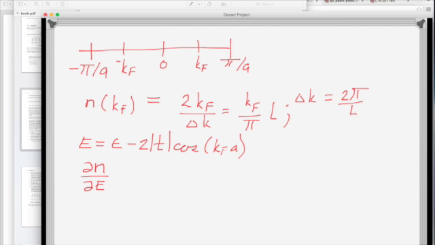Okay, so that's dN dk times dk dE, and that's 1 over pi times, oh, I better do dE dk inverse.